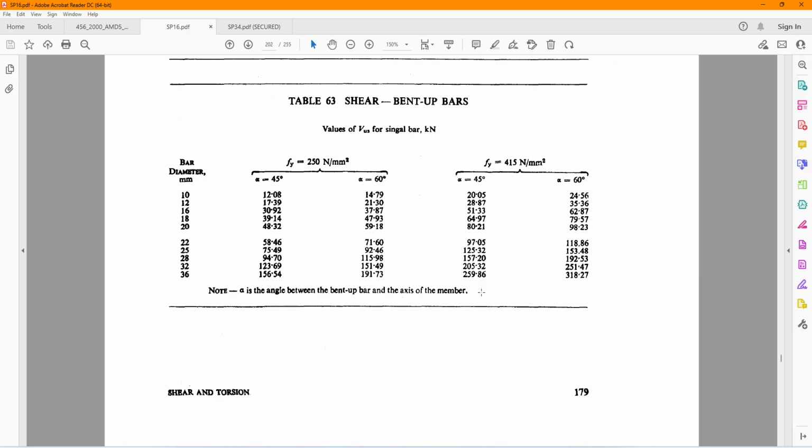Yes, 179. So I'm in the same page, 179. Table 63, bent up bars, values of Vus for single bar. Here Fy 250, here Fy 415. I am using vertical stirrups, so alpha will be this one, 45 degree.